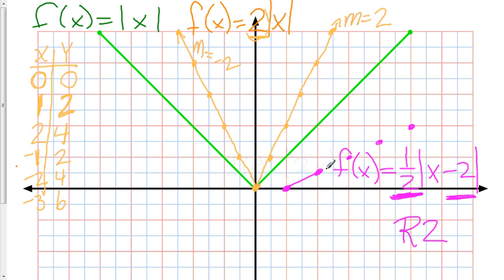And our slope would be here. And on this side, same thing, up 1 and to the left 2. And this slope would be a negative 1/2.